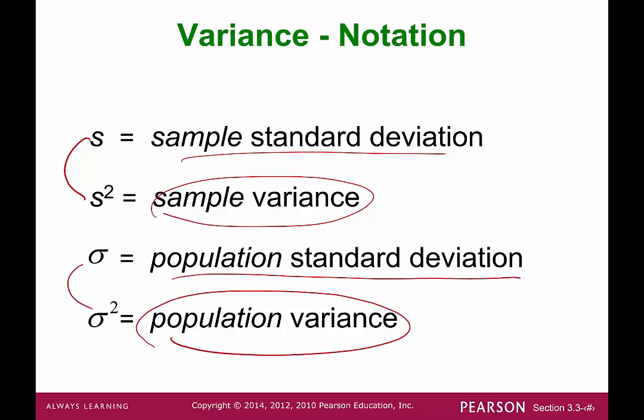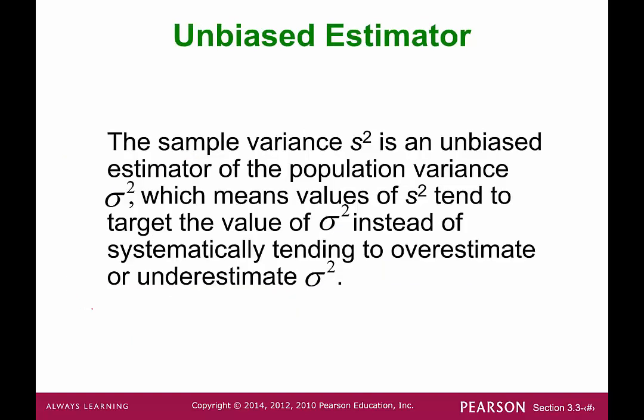Okay. They're related. So the sample variance s squared is an unbiased estimator of the population variance sigma squared, which means values of s squared tend to target the value of sigma squared instead of systematically tending to overestimate or underestimate sigma squared, assuming we have a simple random sample. And this assumption is very important.